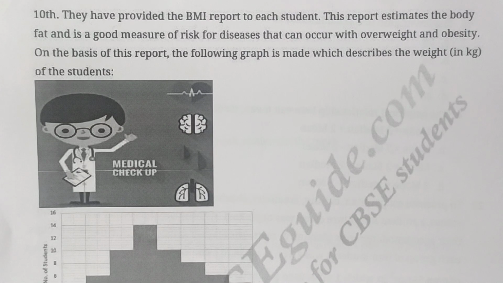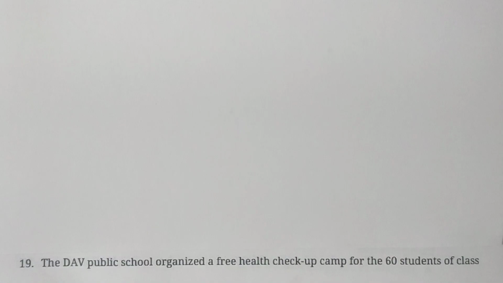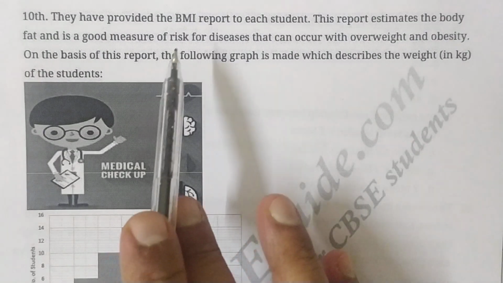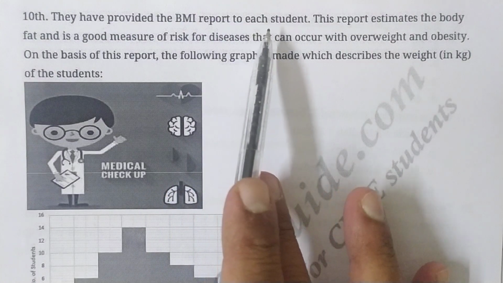In this video we'll discuss this case study based question, taken from the chapter Statistics for class 10. So let's see what is in the question. The DAB public school organized a free health checkup camp for the 60 students of class 10. They have provided the BMI report to each student.